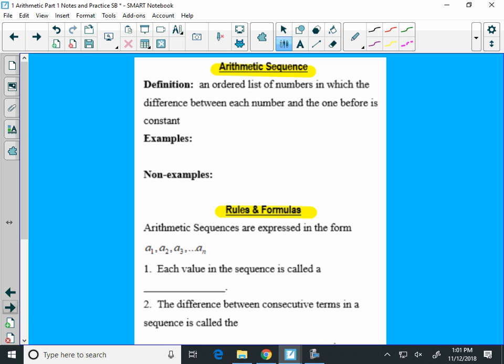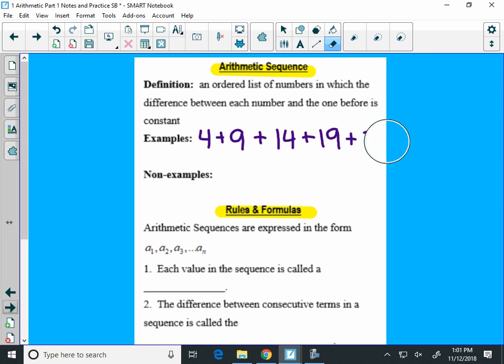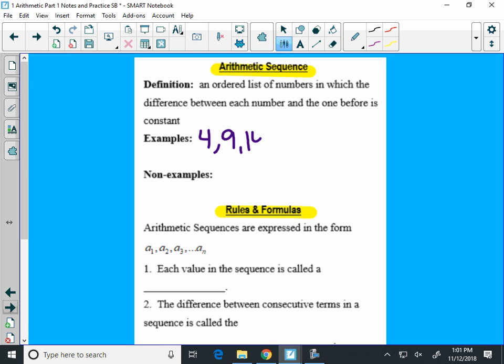So for example, if I gave you the pattern 4, 9, 14, 19, 24, dot, dot, dot. Sorry, I wrote pluses; make them commas.